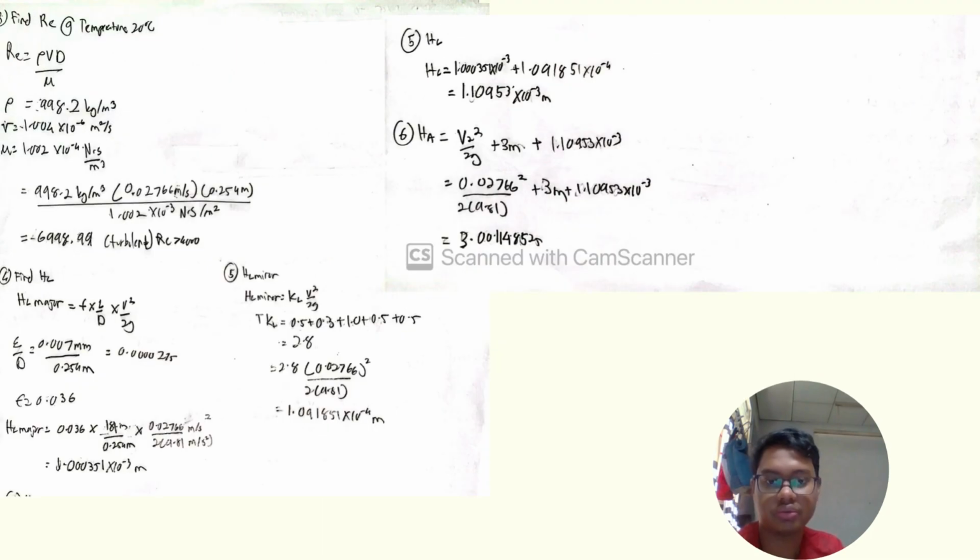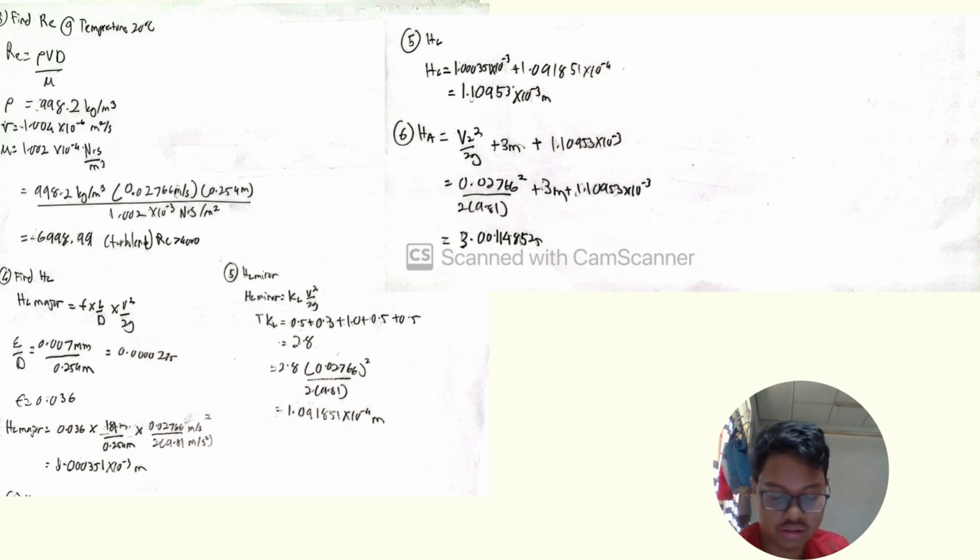Next we can find the Reynolds number, where Reynolds number equals density times velocity times diameter over dynamic viscosity, and the value we obtain is greater than 4,000, which is turbulent. Then we can find HL major, where we obtain the friction factor equals 0.036.